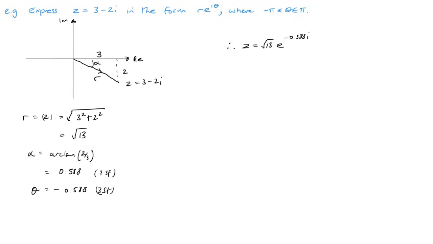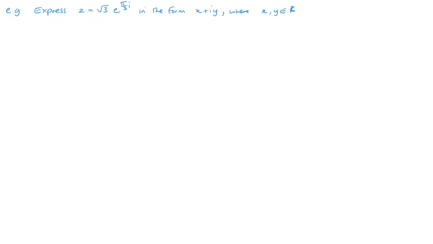Right, let's move on to the next example. For the next two examples, we're going in the opposite direction, starting off with the exponential form and this time putting it into the form x plus iy. From this, we can say that r is root 3 and theta is pi by 3. As a sketch, that looks like this, where this is root 3. We could work out these values from our sketch, but it's easier to use the modulus argument form.